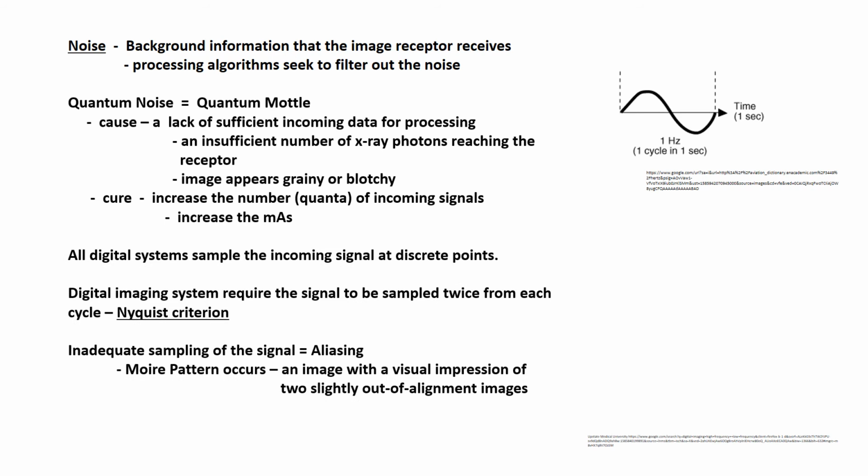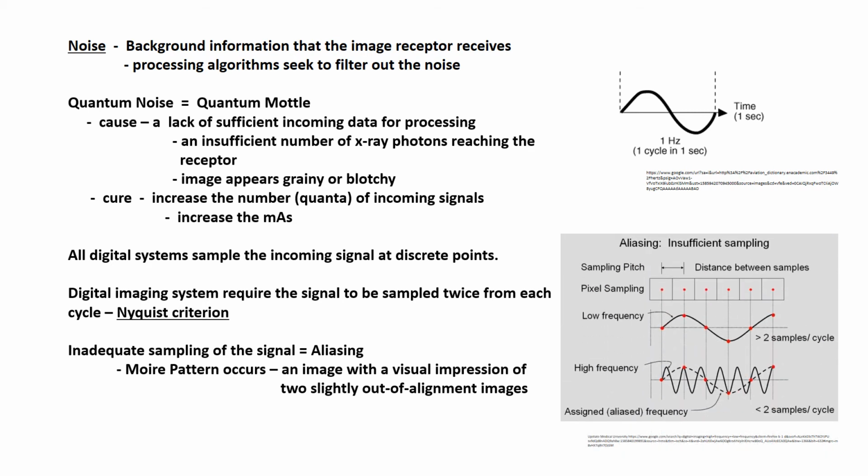All digital imaging systems sample the incoming signal at discrete points, as I just mentioned. Here we have that drawing again. And when we talk about digital imaging, and once again, I keep going back to this, but you'll talk more about this in your digital imaging class, there's something called Nyquist criterion.